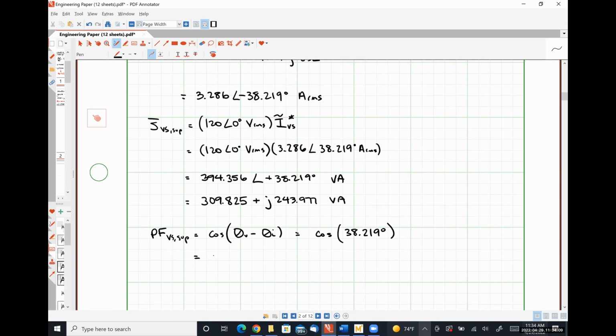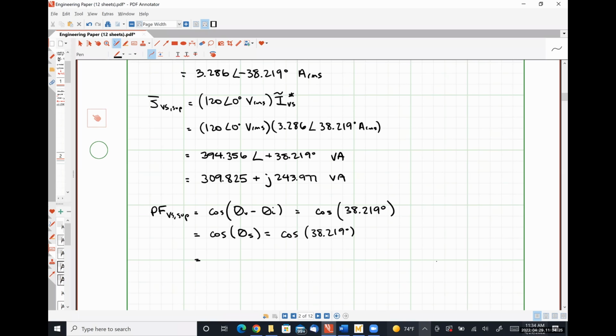The second way is the cosine of theta s, which is the cosine of 38.219 degrees. The third way is to take the ratio of the average power, 309.825, over the apparent power, 394.356.